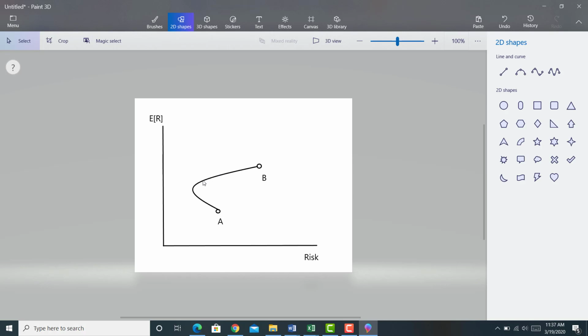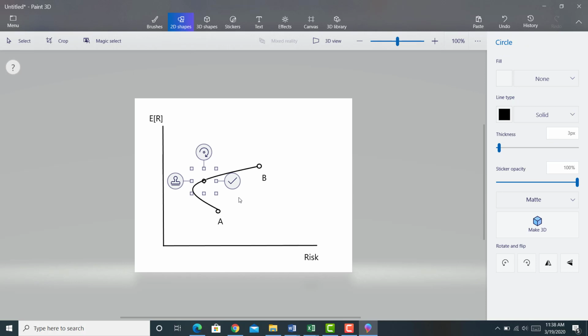All right. The question becomes: what portfolio should I select? What weight should I select in asset A and what weight should I select in asset B? The idea here is the optimal portfolio is to select the portfolio that is in the most northwest quadrant on this efficient frontier. Let's say you can produce a portfolio that exists right here. Okay.